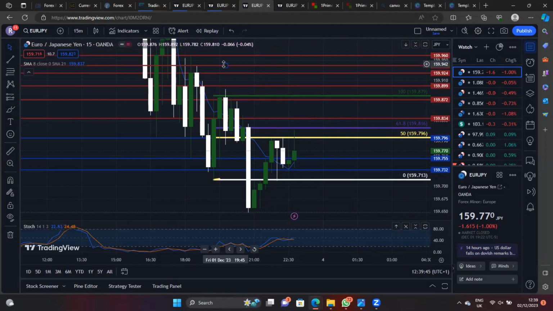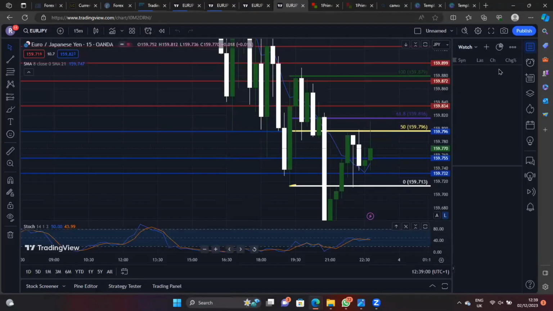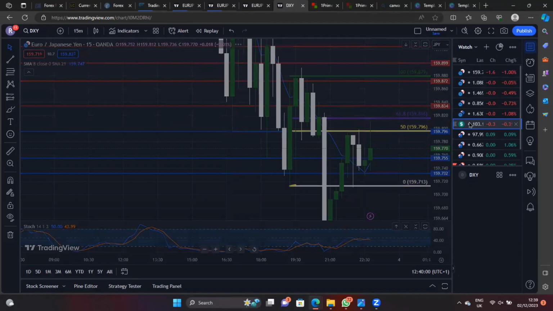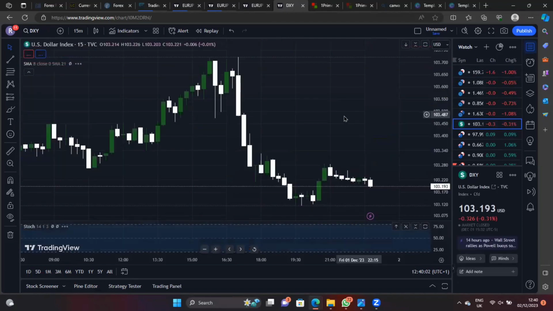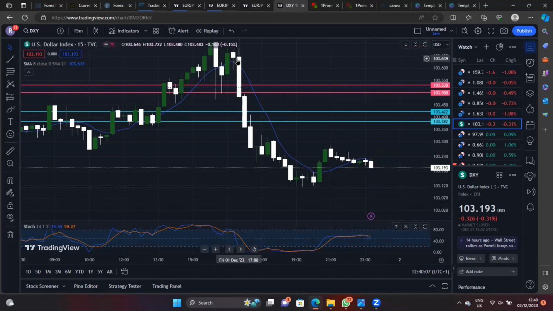So we are going to talk about candlesticks today. What you're seeing on my screen are what are called candlesticks. Yes, these are candlesticks: green and white candles.